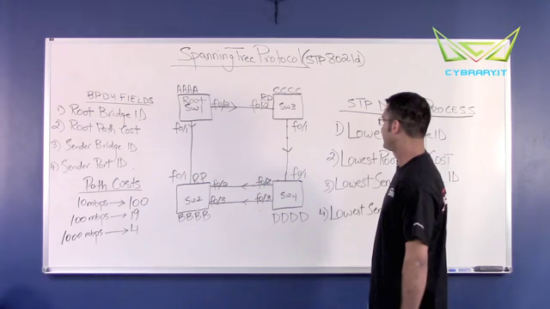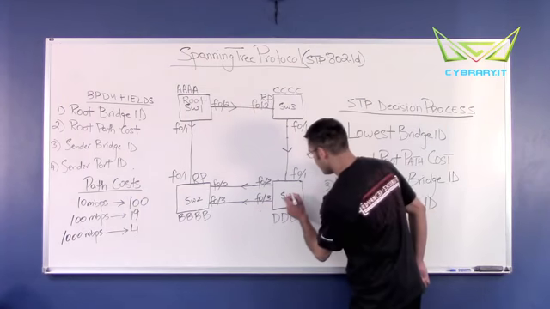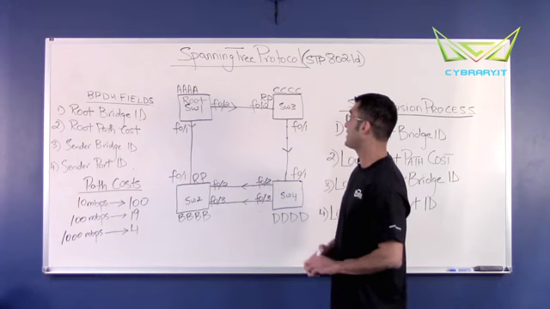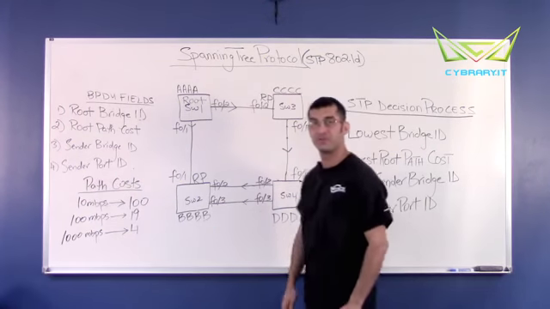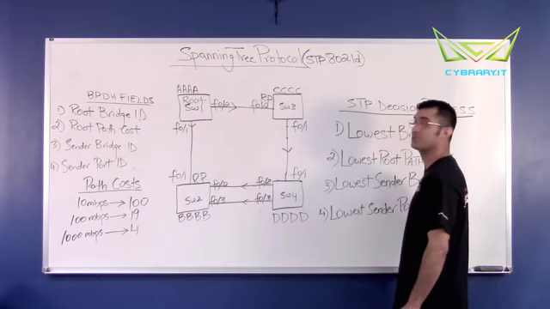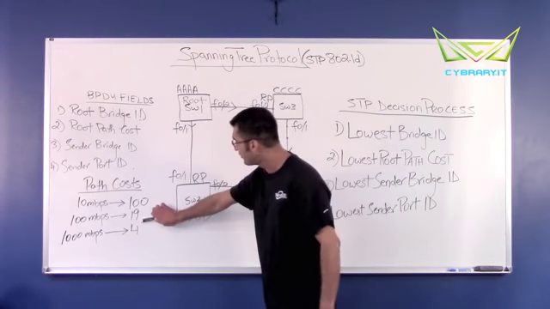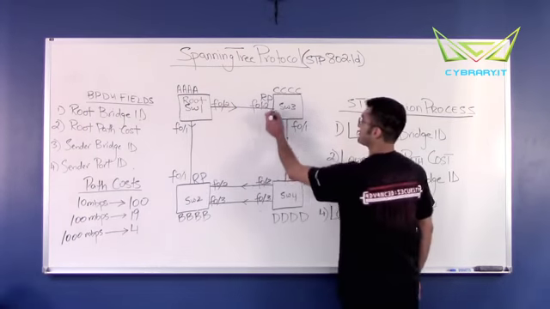Looking at switch 4 now, a BPDU leaves switch 1 F0/2 with a root path cost of 0 and enters switch 3 F0/2, and the cost is incremented by the path cost, which is 19. So the cost is 19 over here.